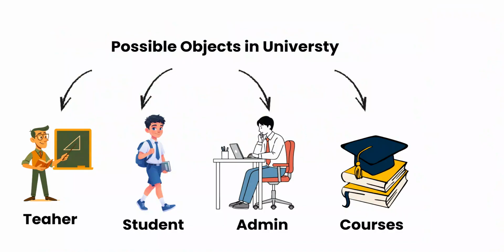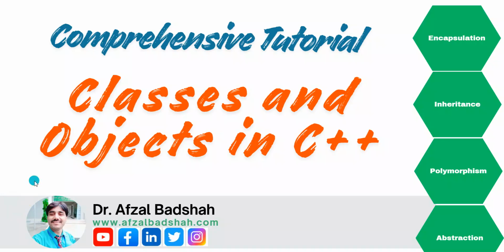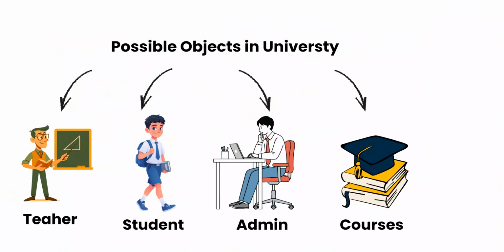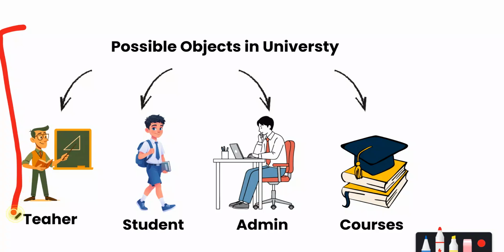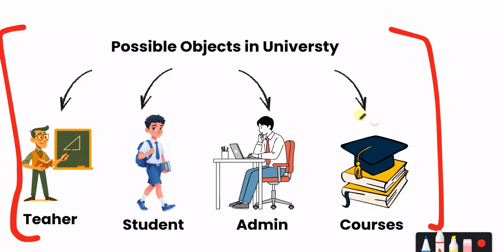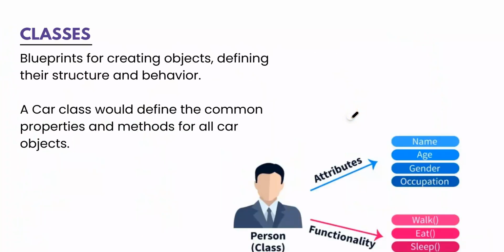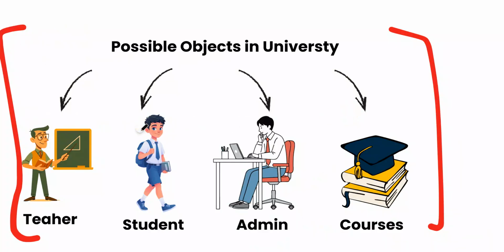So after that slide, we know what an object actually is. And if we are working on a university program, and for the university we have decided that these are some of the real world entities which affect our program, which have some responsibility in our program, and will play some role in that particular application.